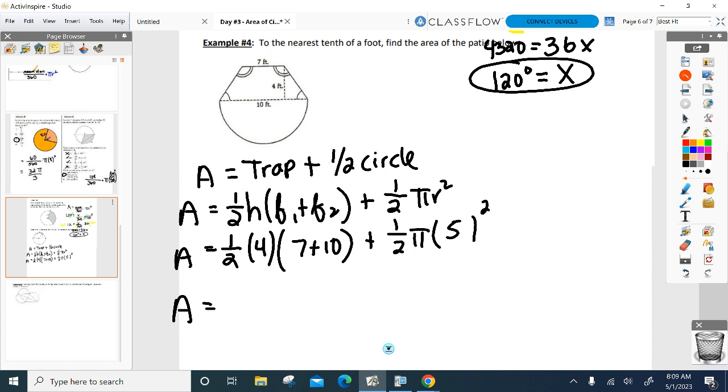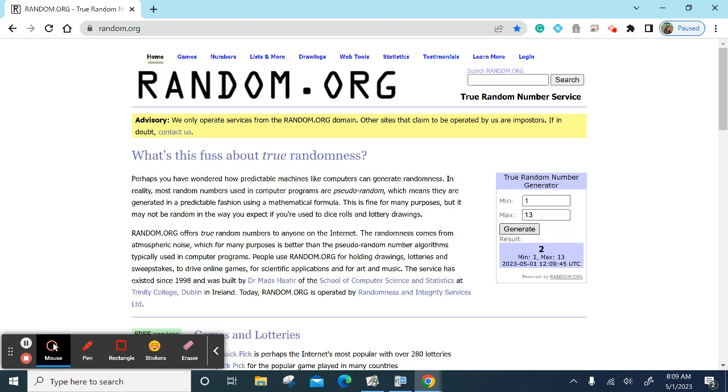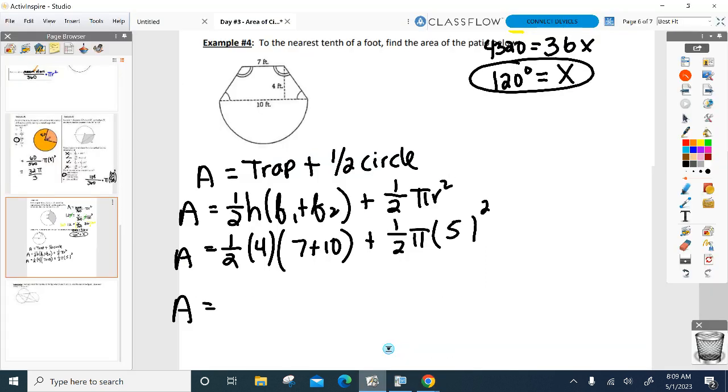Just to make sure we're good. When you're ready, nearest 10th. What are you looking at here? Nearest 10th.